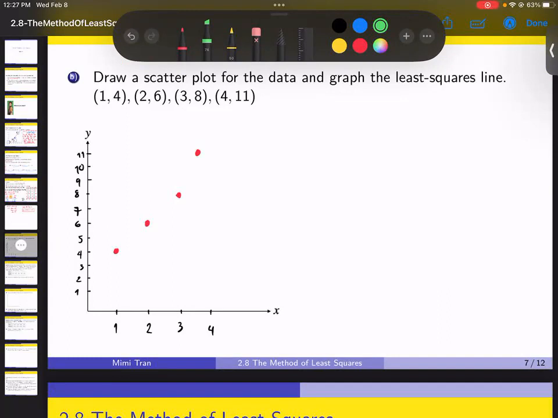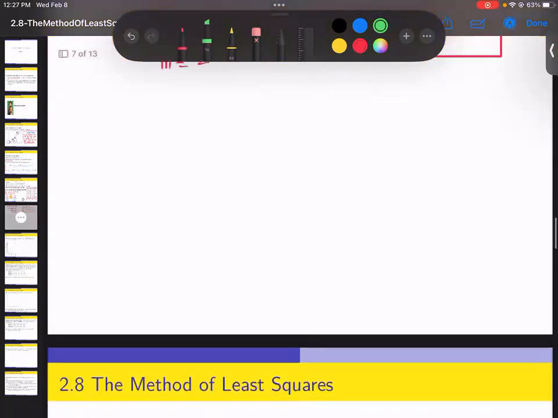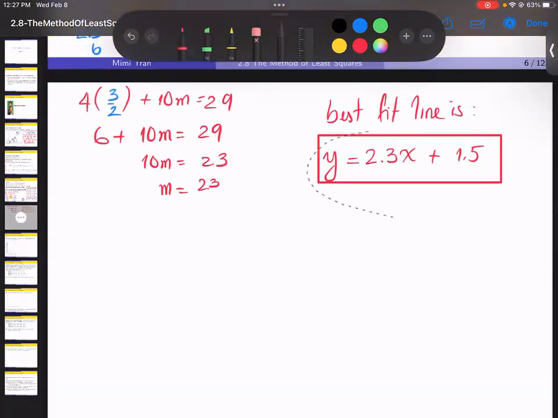Now I'm going to graph my least squares line. Maybe I'll highlight in blue. As you can see, the y-intercept is 1.5, and the slope would be rise over run, right? Rise 2.3, run over 1.